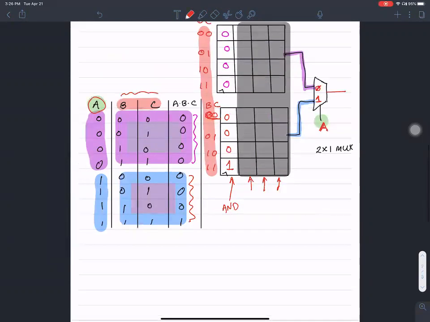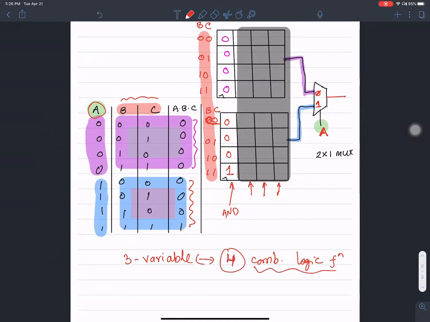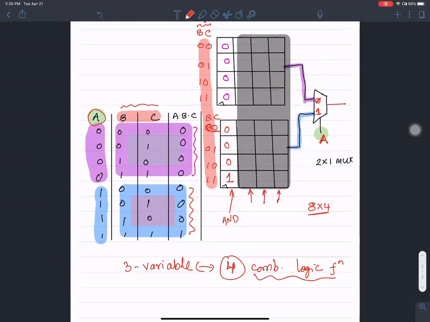So I can implement a total of 4 combinational logic functions of 3 variables. So 4 of these 3-variable combinational logics can be implemented using an 8 by 4 memory. That's the idea of lookup tables.